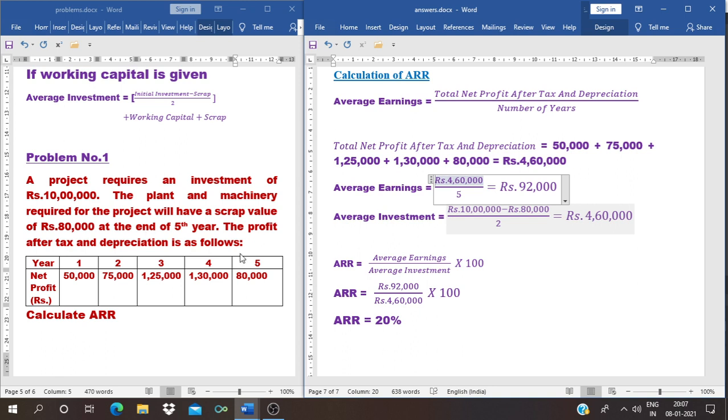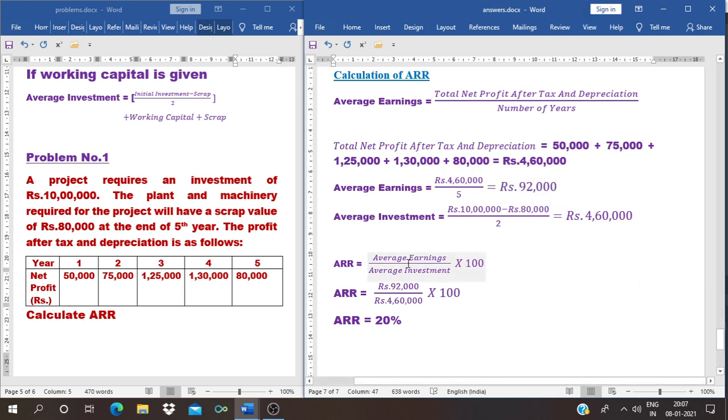For how many years is the information given? For 5 years. So 4,60,000 divided by 5. Average earnings is rupees 92,000.